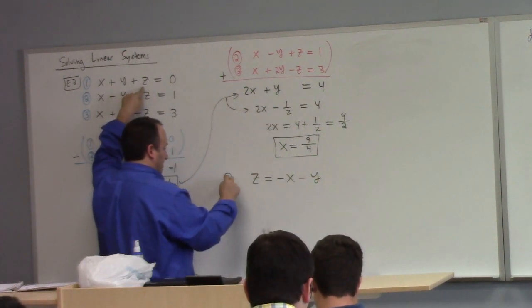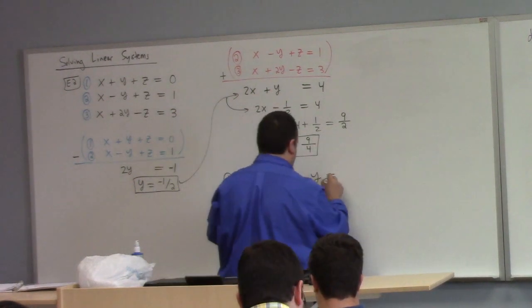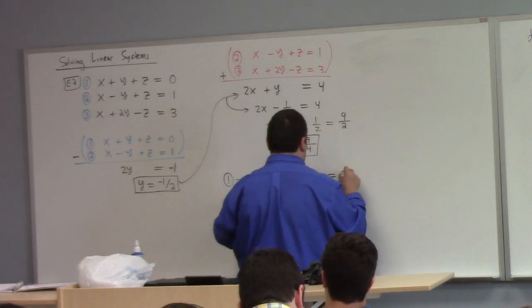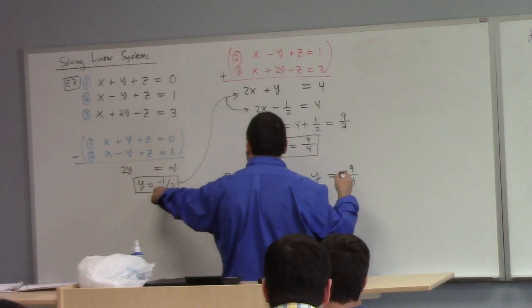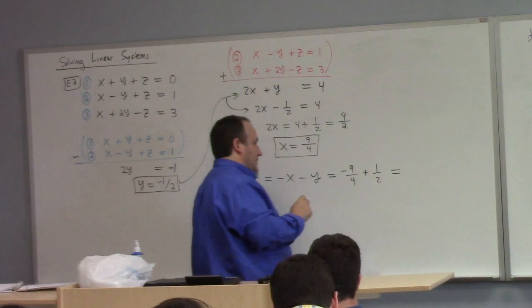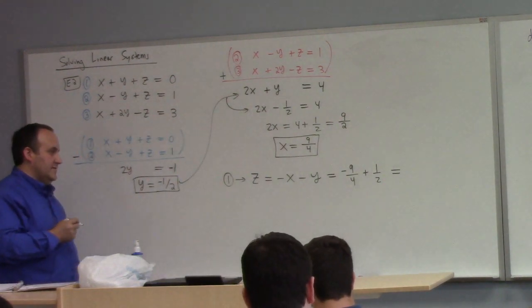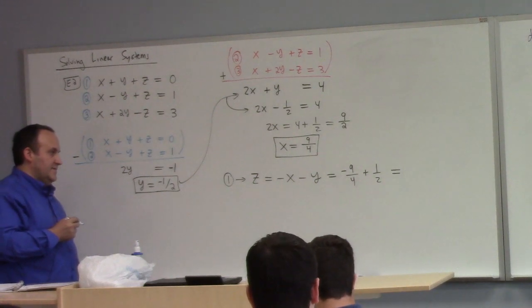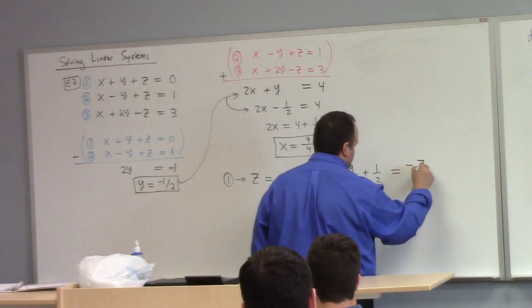From 1. And then I know x is 9/4, and there's a minus here. And then minus y gives me plus 1/2. Indeed. And a half is 2/4. So we've got minus 7/4 there for my z.